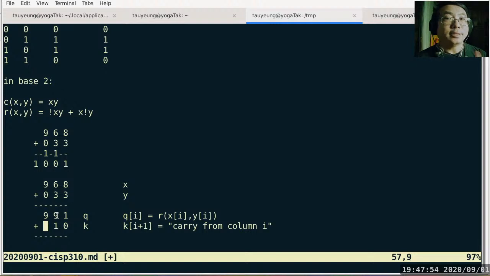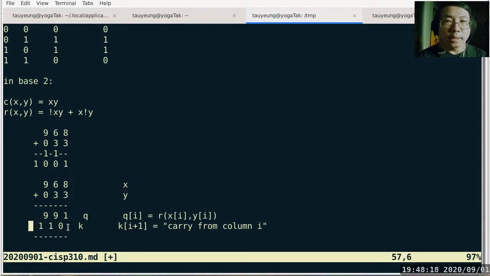Then we look at the second addition. Remember, each column actually has 2 additions, because the second addition has to do with adding the carry to the partial sum from the original digits. So when we look at the second addition, we have a 9 plus 1, which has a carry of 1. So K2 also has a carry of 1 in this case.